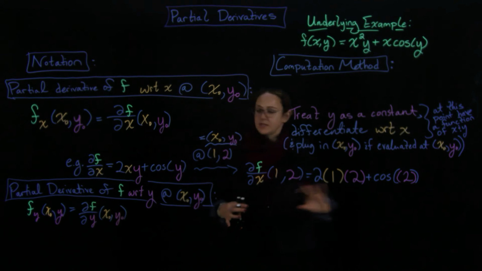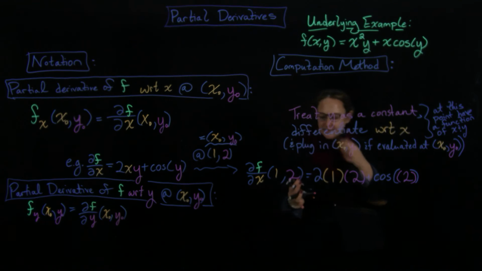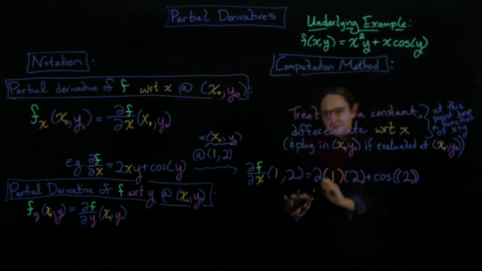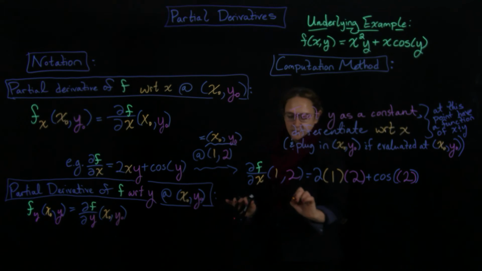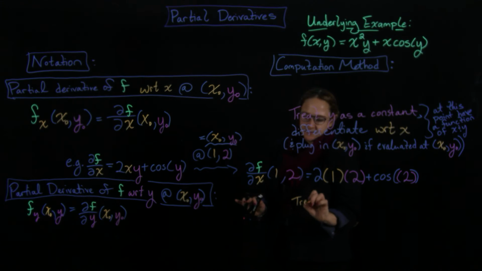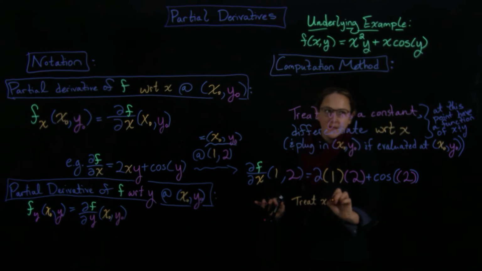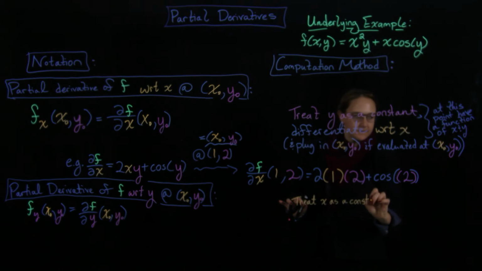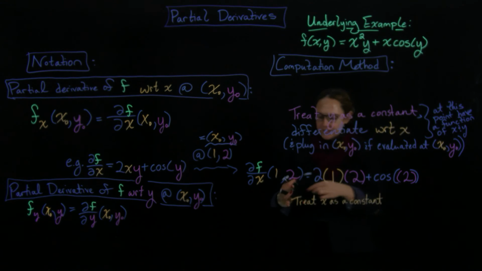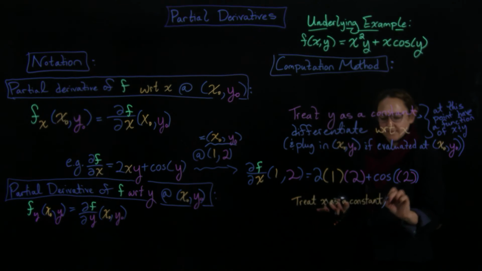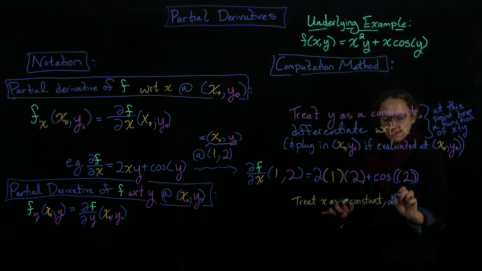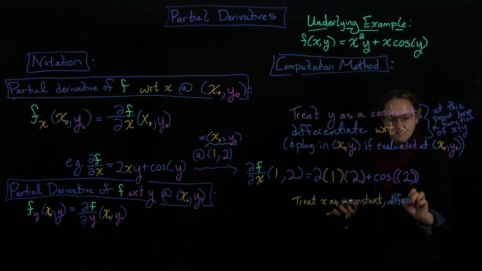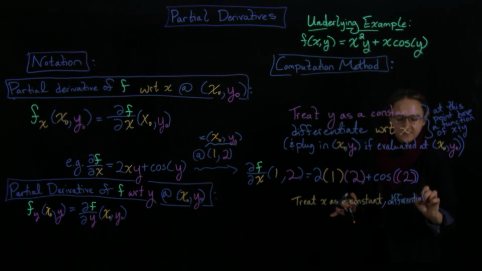So that's a notation. And then how do we actually go ahead and compute this? Well, now we want to treat x as a constant, okay? So to compute here, we want to treat x as a constant. And then we want to differentiate with respect to y.